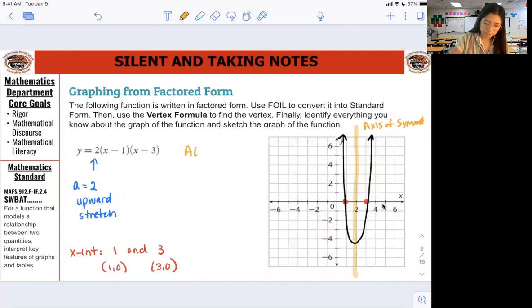This axis of symmetry passes through which number on the x-axis? The 2. x equals 2. That is the value of h. It's the same number as h. h equals 2. Why is that? Why are they the same thing?